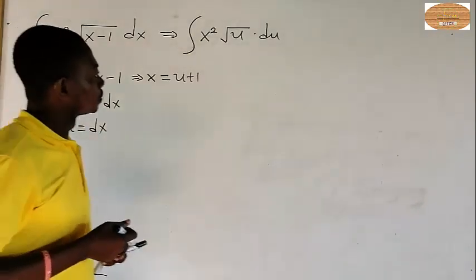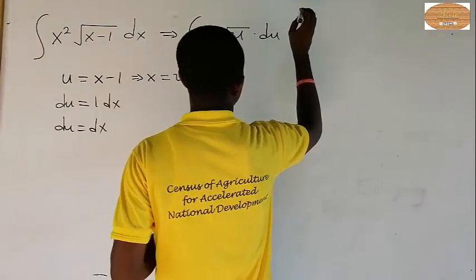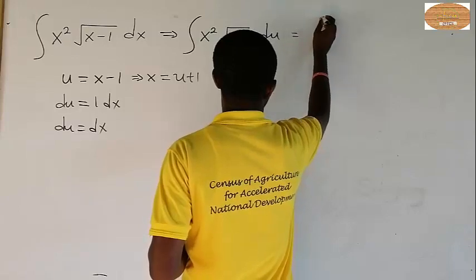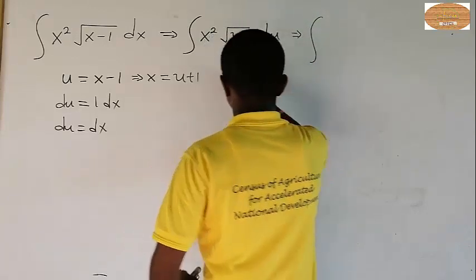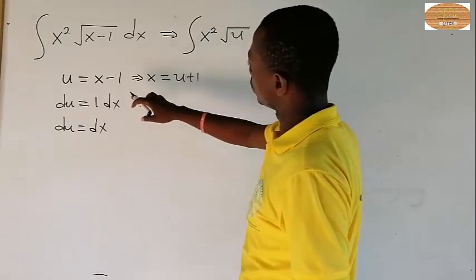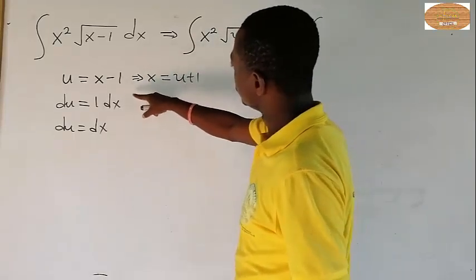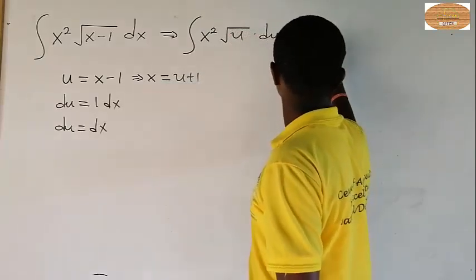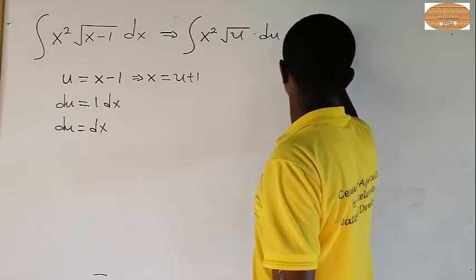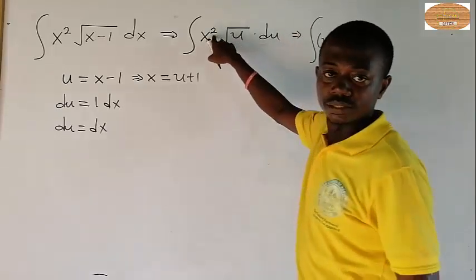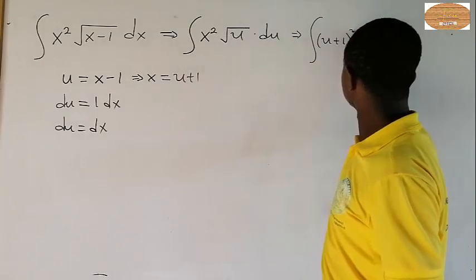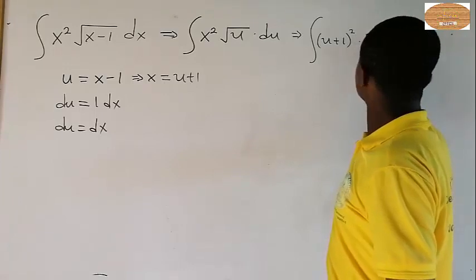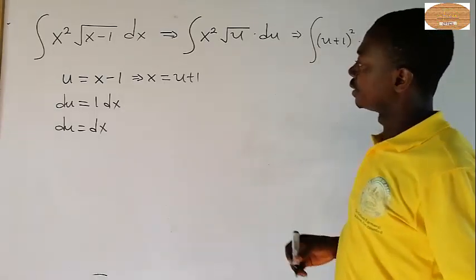So I have (u plus 1) squared times u du.